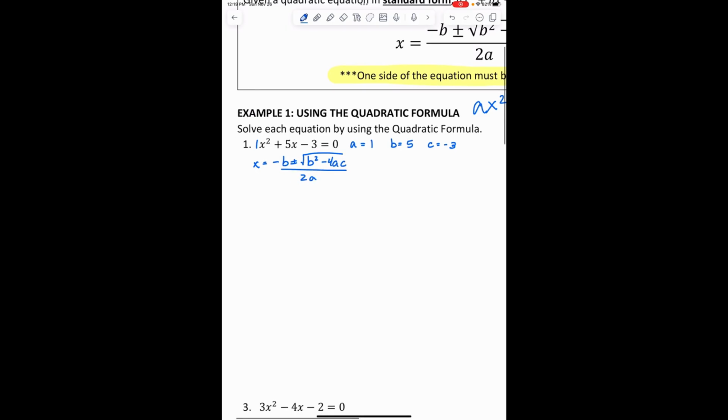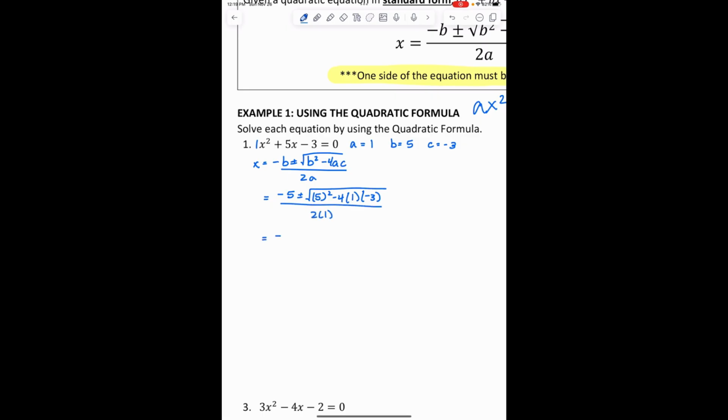So we're just going to plug in a, b, and c. So b, we go negative 5 plus or minus 5 squared minus 4 times a is 1, c is negative 3, all over 2 times a.